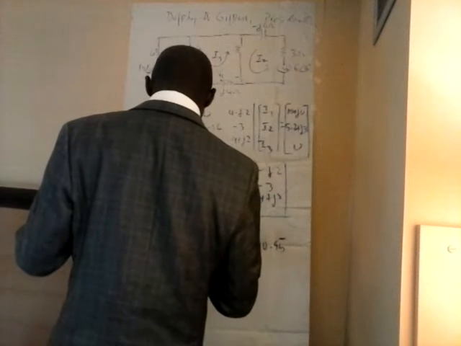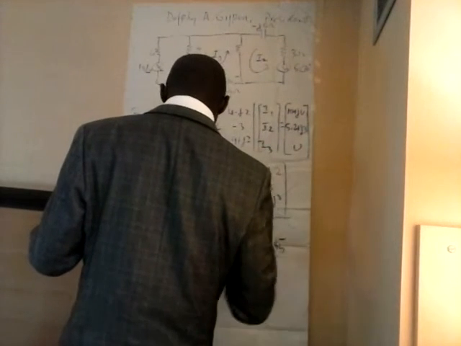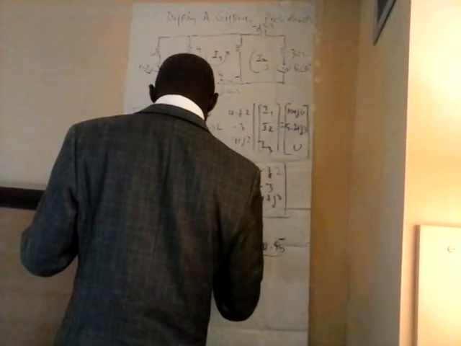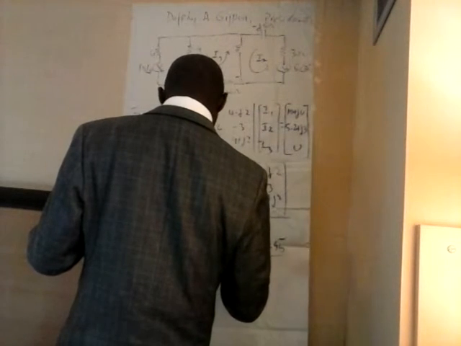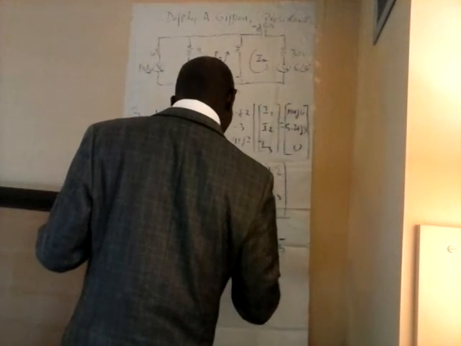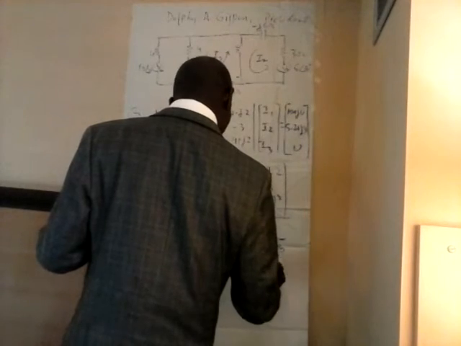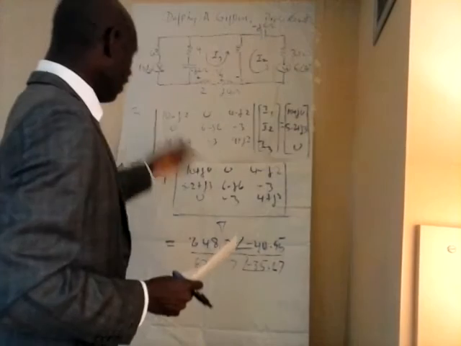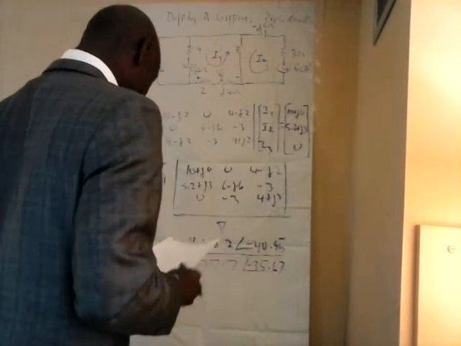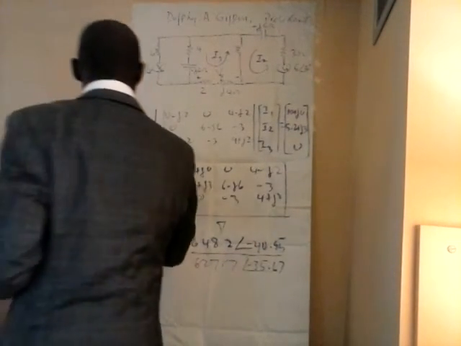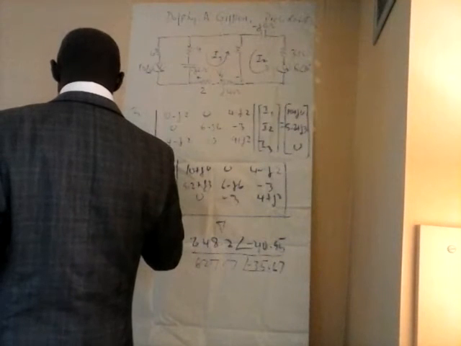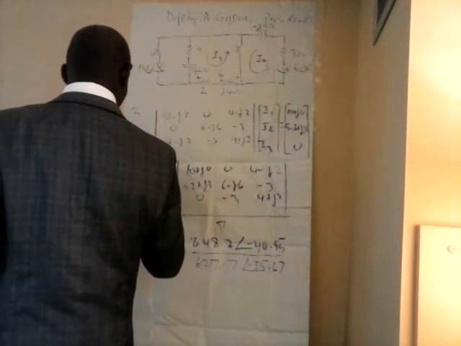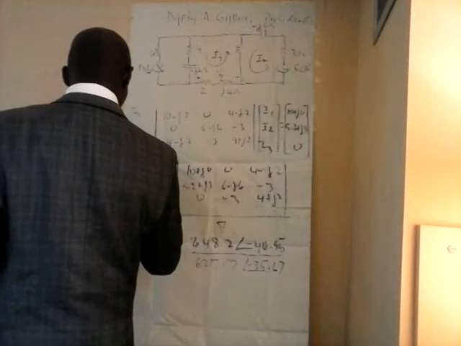And that will be over 627.7 at an angle of minus 35.67. So that's after we find the determinants here. And notice here that if we superimpose delta upon del, we get something looking like the Star of David here.